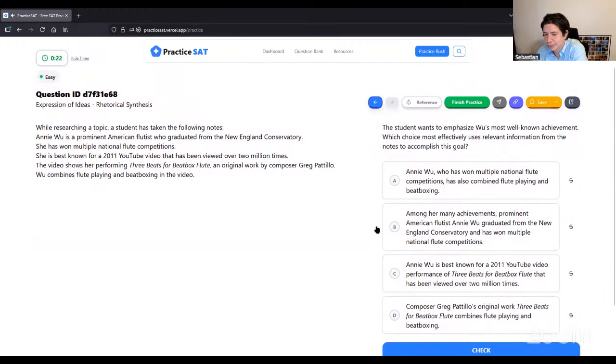B. Among her many achievements, prominent American flutist, graduate of the New England Conservatory, and has won multiple national flute competitions. C. Annie Wu is best known for her 2011 YouTube video performance of 3 Beats for Beatbox Flute that has been viewed over 2 million times. It should be that one because that's emphasizing her most well-known achievement. And D, composer Greg Pattillo's original work combines flute playing and beatboxing. So it should be C.